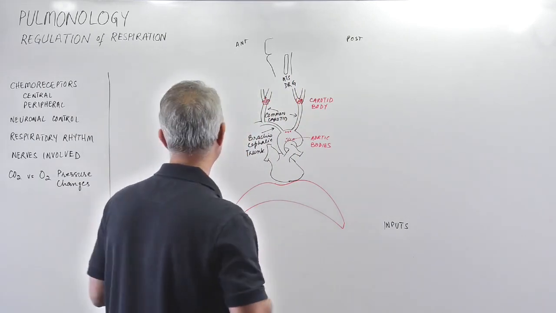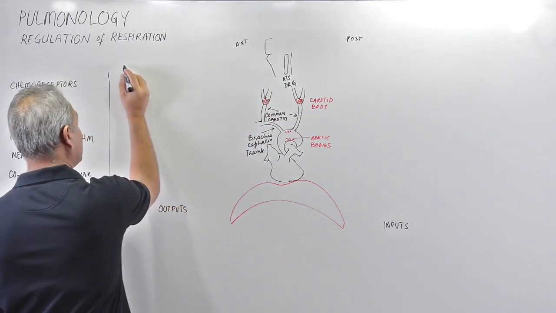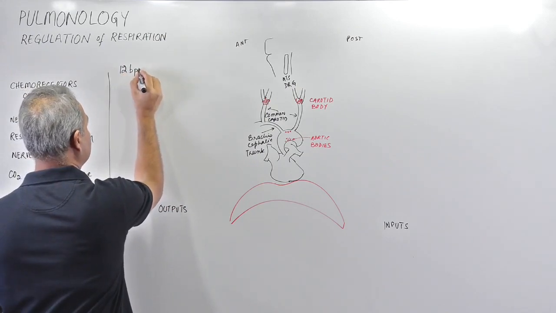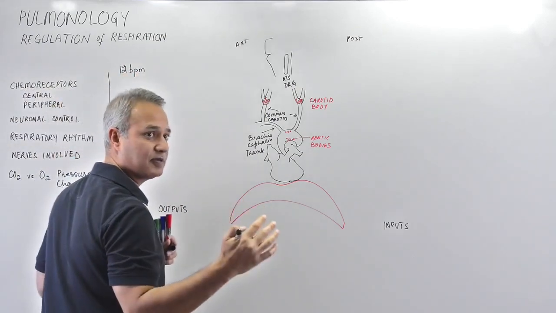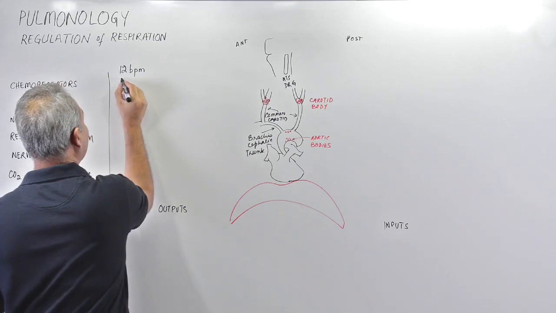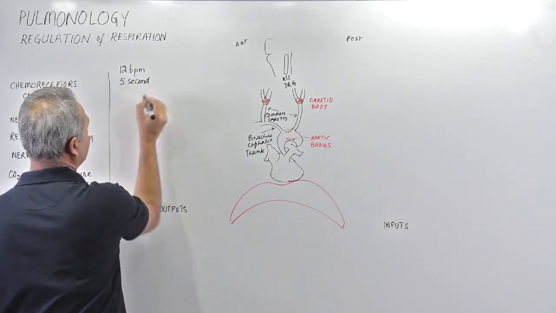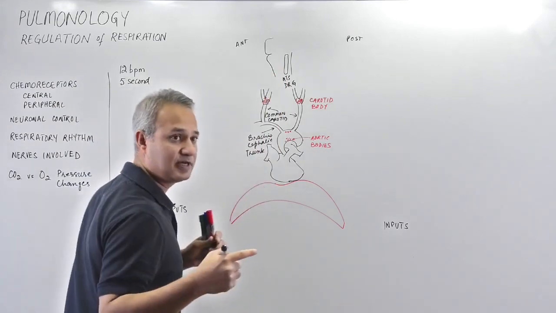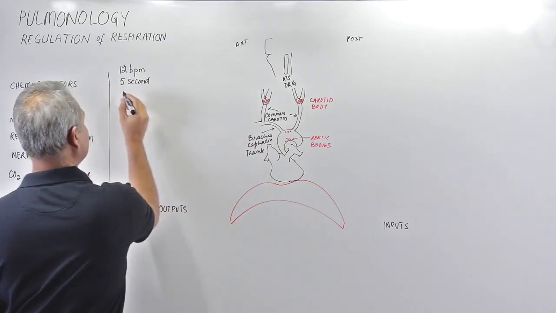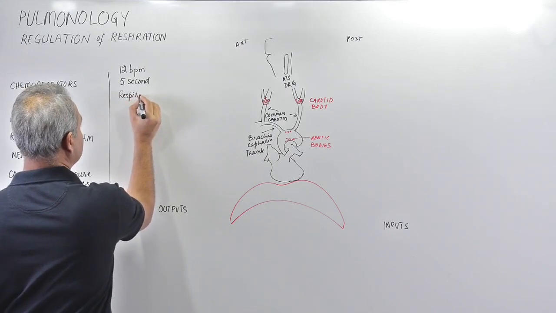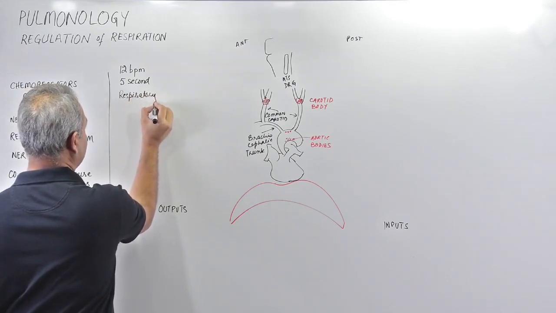What is that automaticity? We know that the normal quiet breathing rate is about 12 breaths per minute, which means about 5 seconds per breath. So this dorsal respiratory group creates something that we call the respiratory ramp.